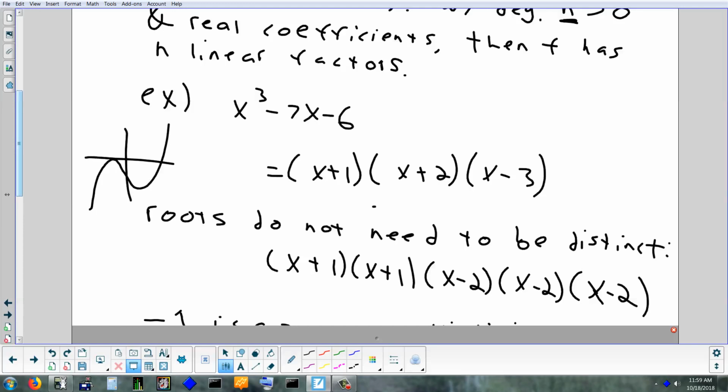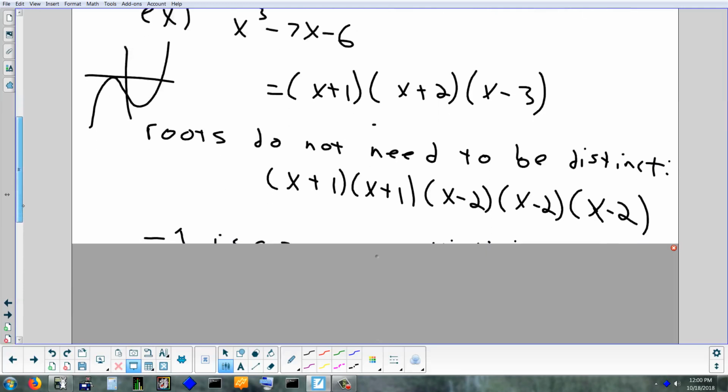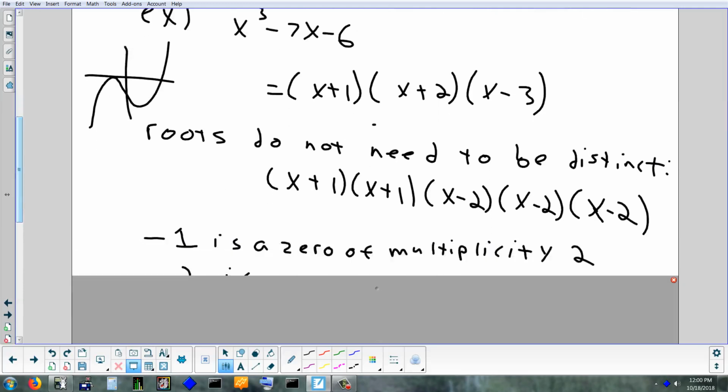When you have repeated roots, that's what happens. So there's still 5 answers here. The 5 answers are -1, -1, 2, 2, and 2. It's just some of them are repeated. The fancy way to say repeated is how many times you see it. It's called multiplicity. So -1 appears twice.